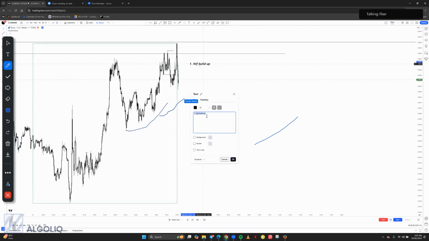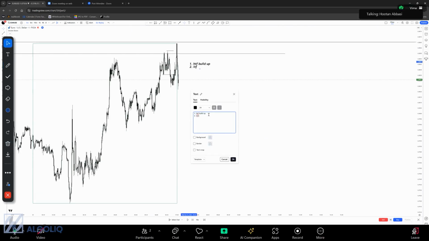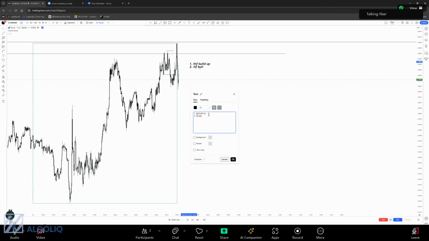No, not that yet. The second reason is your LTF build up. That's the one you're marking right now. Is it the HTF or the LTF?